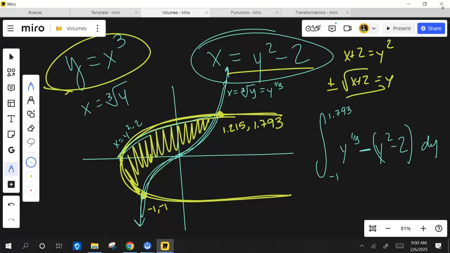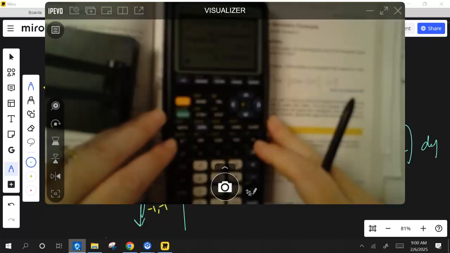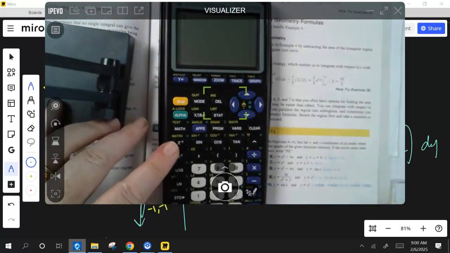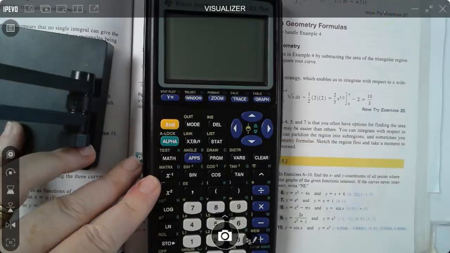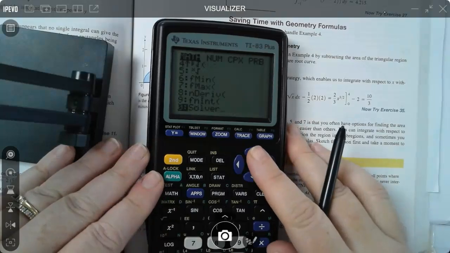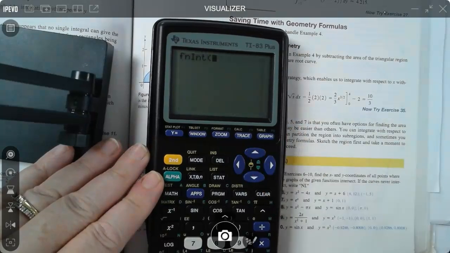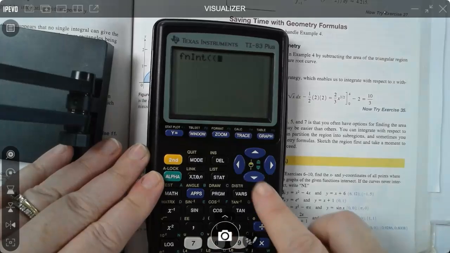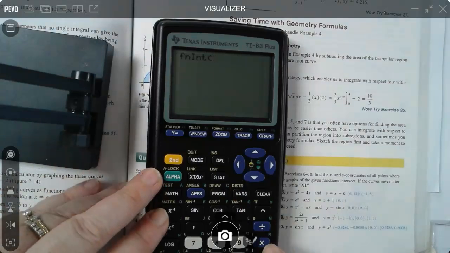All right, let me show you what it looks like on here. Whenever I get to ones like this, I will tend to just go into my main screen and pull up integrate. If you've got the fancy one that has the little integral, you're in a little better shape than I am. I'm just going to type that argument in here. I'm going to use the x instead of the y.